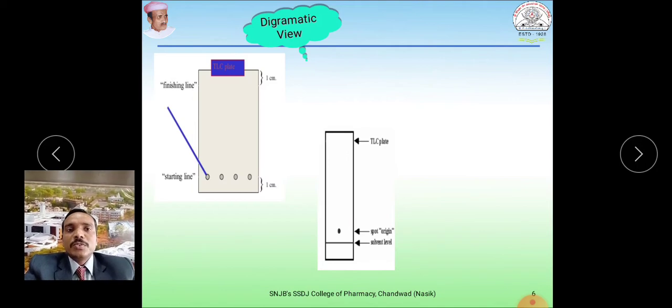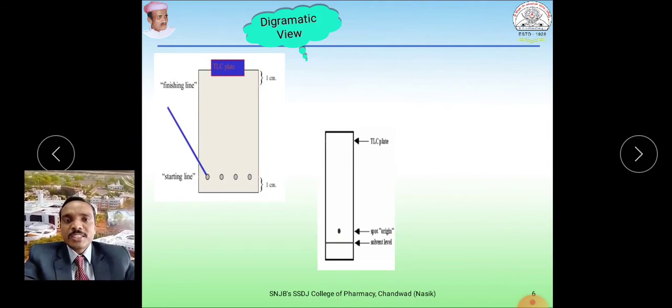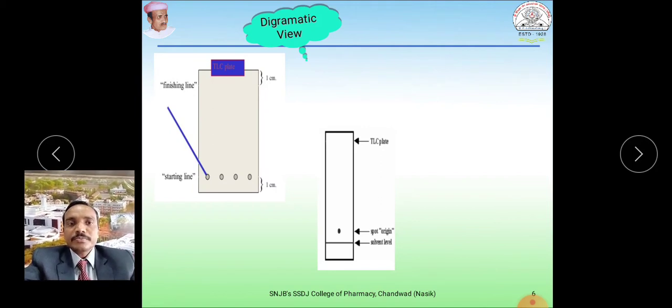The spot should be just above the upper level of the solvent which we have placed as the mobile phase in the chamber.